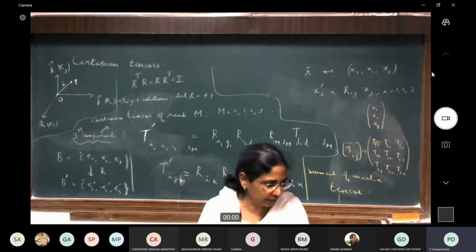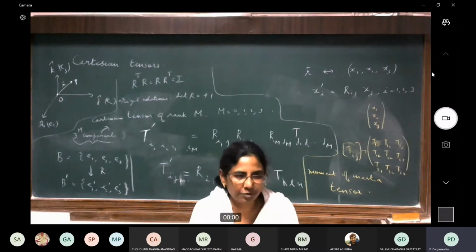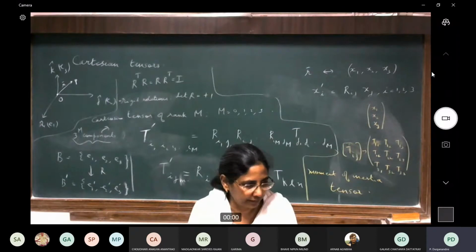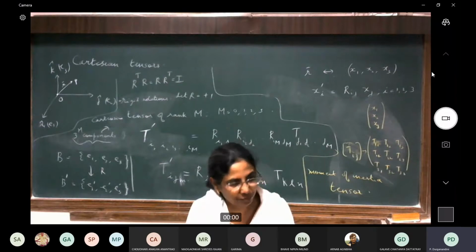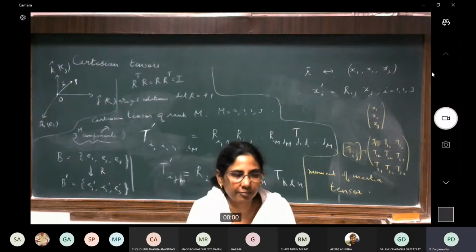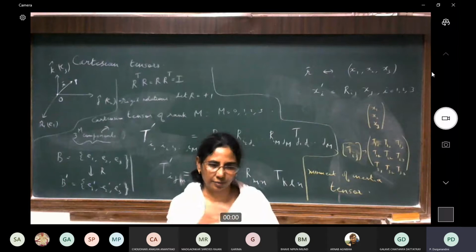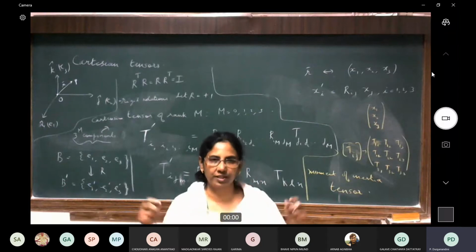And perhaps you have also encountered the quadrupole moment in electrodynamics. The components of the quadrupole moment can also be written in the form of a second rank tensor. I don't know if you have encountered this, but perhaps it's possible that you have. If you have an elastic body, then I can push it, I can pull it. The push and the pull can be put into how much push is there and how much pull is there.